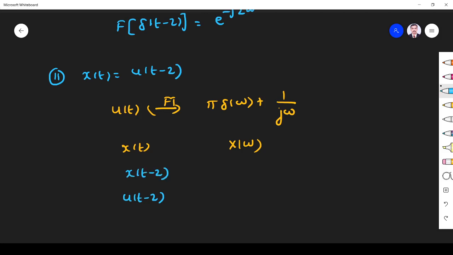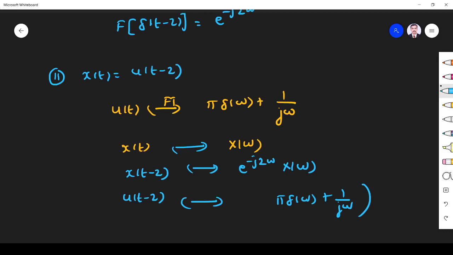What will be the Fourier transform of x of t minus 2? E power minus j2 omega into X of omega. So X of omega, this one, as usual, pi into delta of omega plus 1 by j omega, multiplied by e power minus j2 omega. Simple, over.